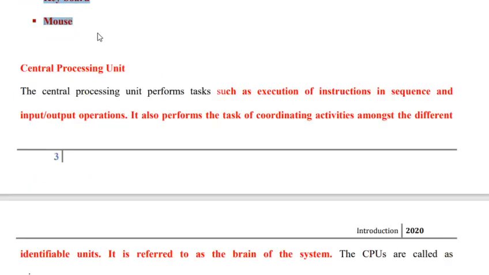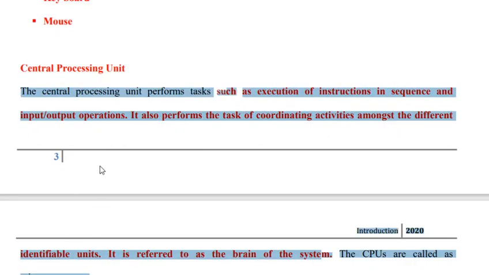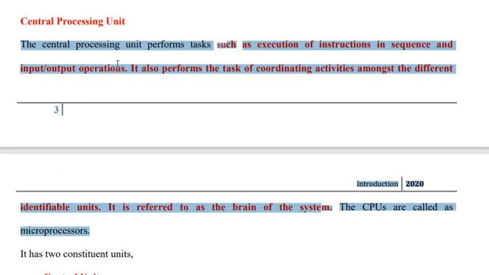The central processing unit performs the tasks of executing instructions in sequence and IO operations. It also performs the task of coordinating the activities of all the other units. So it's also referred to as the brain of the computer system.